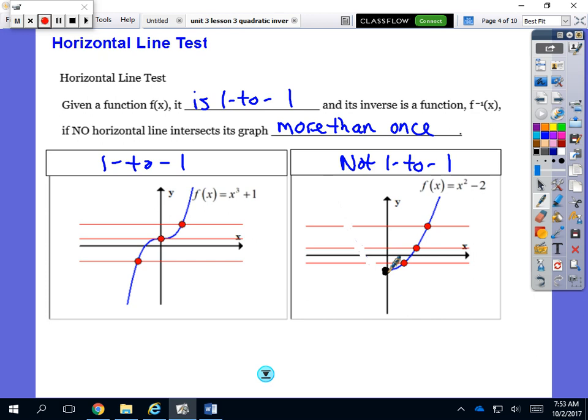We know the x value at this vertex is 0 because it's on the y-axis. So if everything below x equals 0 has to be eliminated, the domain would be x is greater than or equal to 0, or we could say from 0 to infinity. Those are the two different ways we've talked about writing the domain.